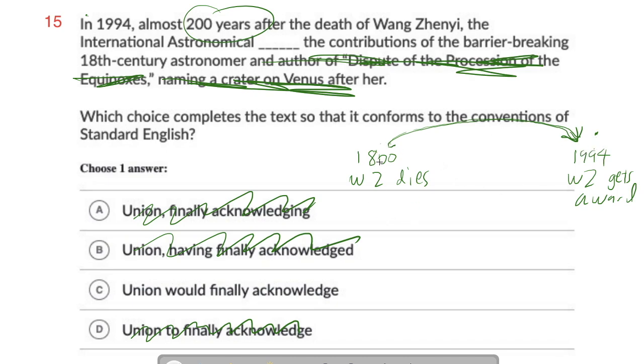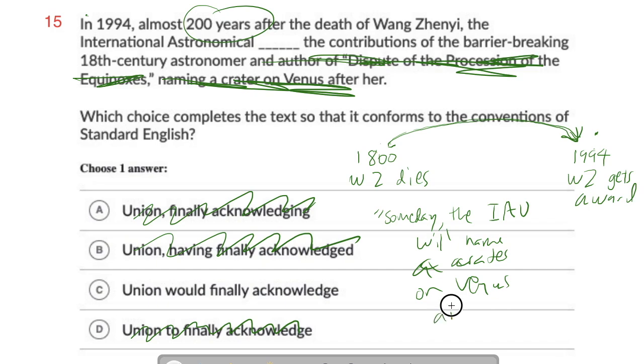So in 1800, Wang Zhenyi might have said, someday the International Astronomical Union will name a crater on Venus after me. I'm kind of being facetious here. She's not going to predict that, but that's in the future. Someday they will do that.